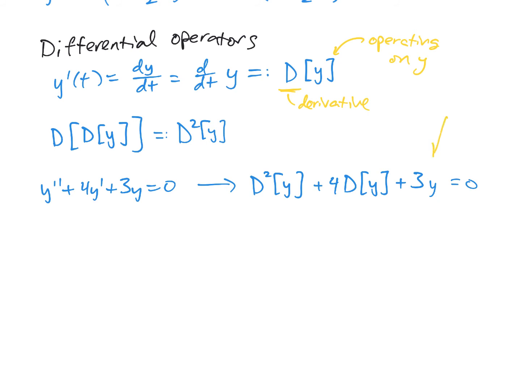Make the observation that 3y is like the same as saying 3 times the identity operator, which just leaves a function alone.